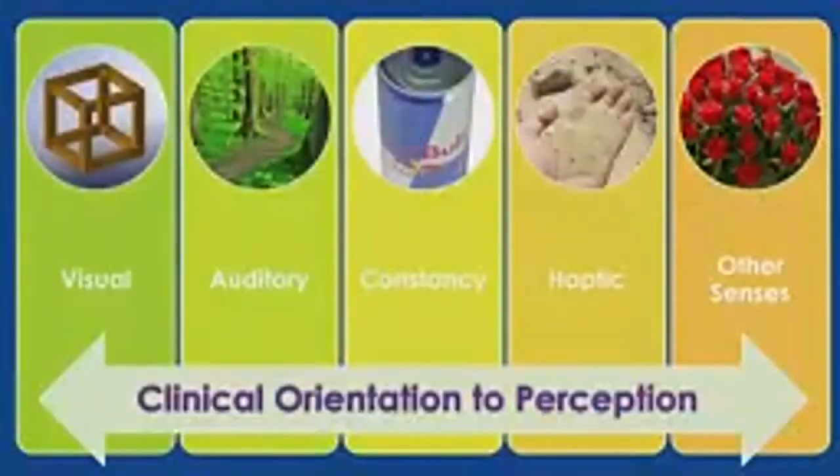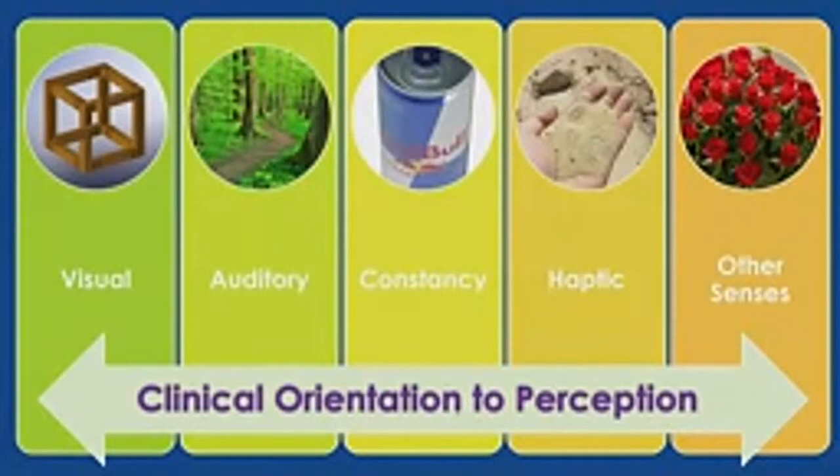Okay. So talking about perception, those different sensory areas, we're looking at vision, which is also impacted by the actual structures of our visual pathway. And then auditory, which includes not only sounds, but also vibrations in our environment. And then constancy is recognizing that the same stimulus in various situations is the same.